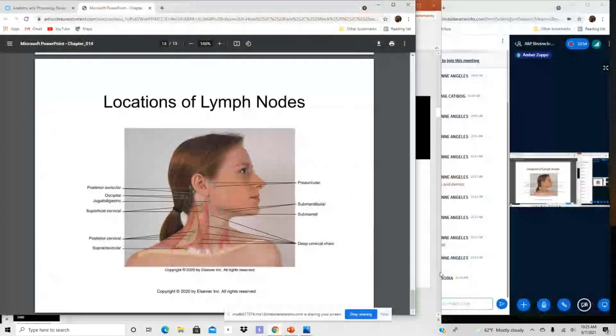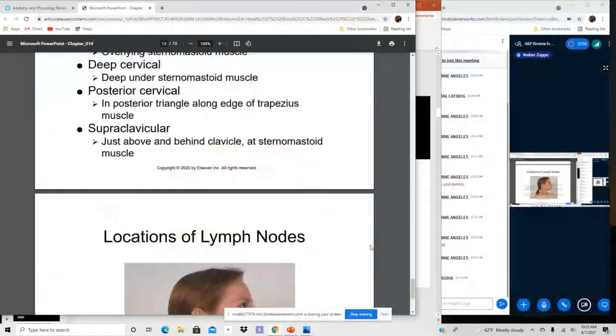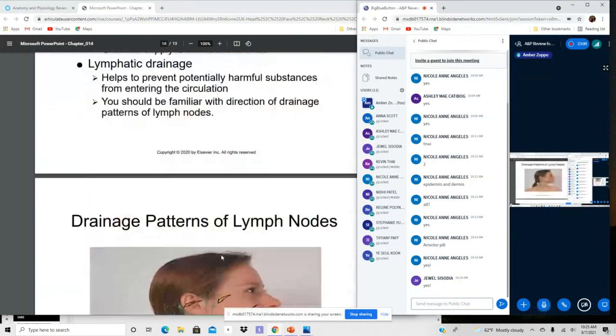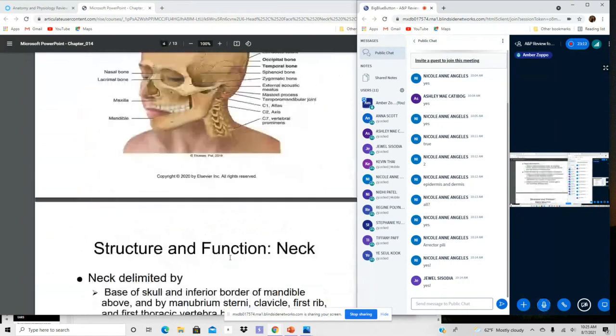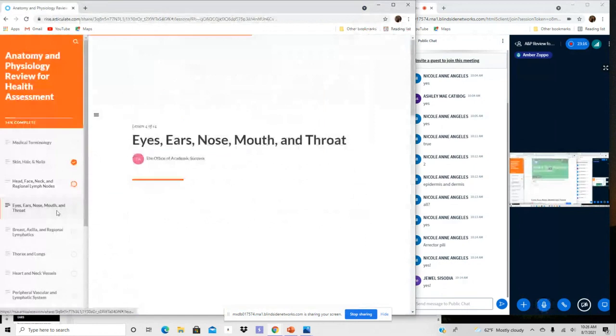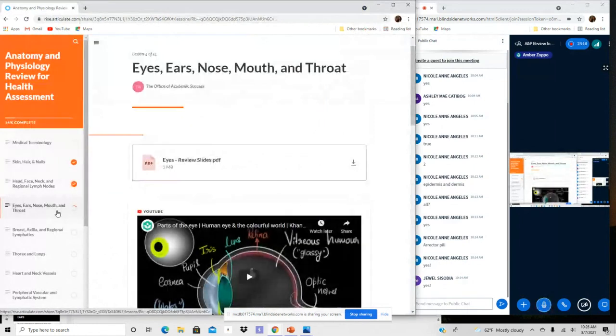Does anyone have any questions about the lymph nodes at all? No? Okay, so we're going to go on to the next part, which is eyes, ears, nose, mouth, and throat.